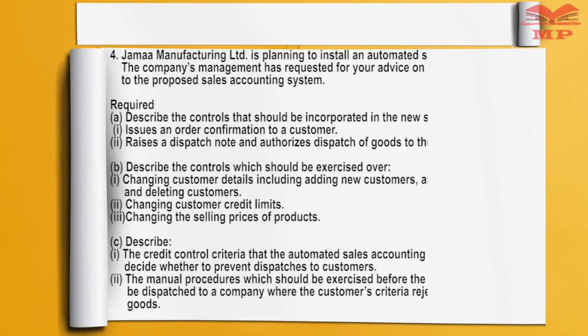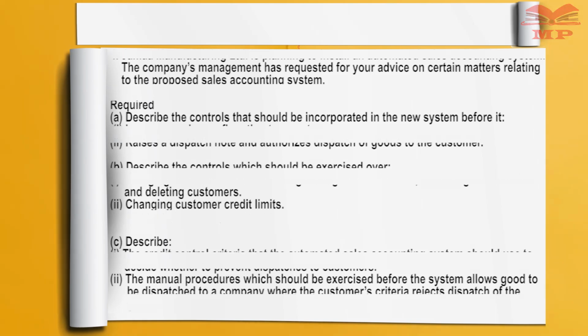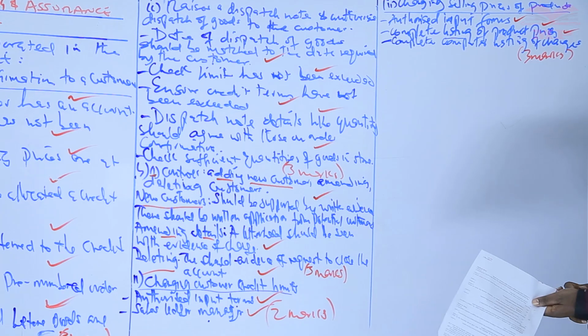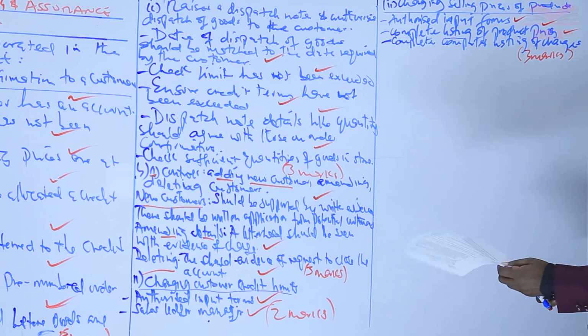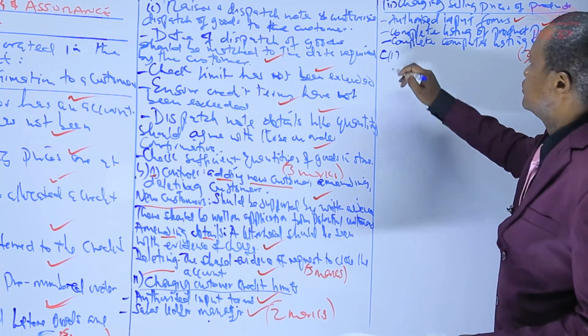I'm moving to part C, Roman 1, which says describe the credit control criteria that the automated accounting system should use to decide whether to prevent dispatches to customers. What is the question?